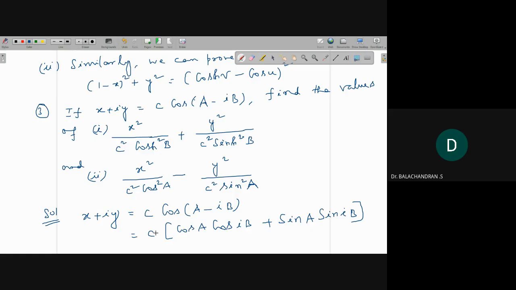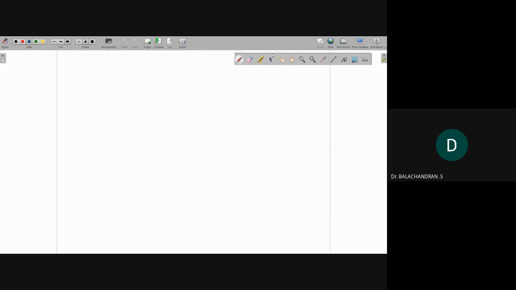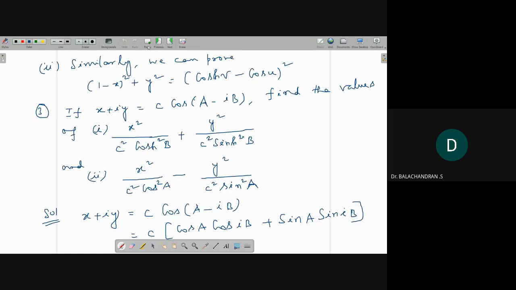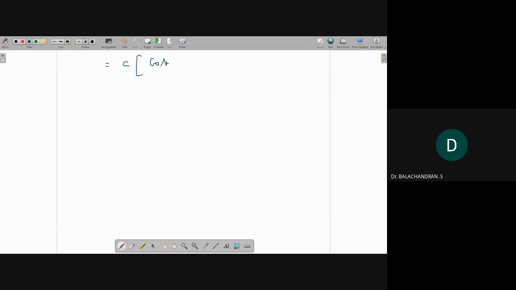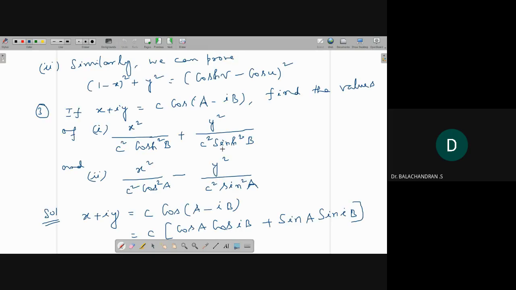So this is equal to c into cos a into cos hb plus sin a into i sin hb.